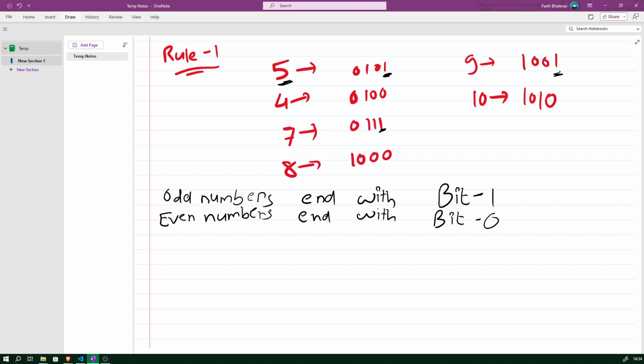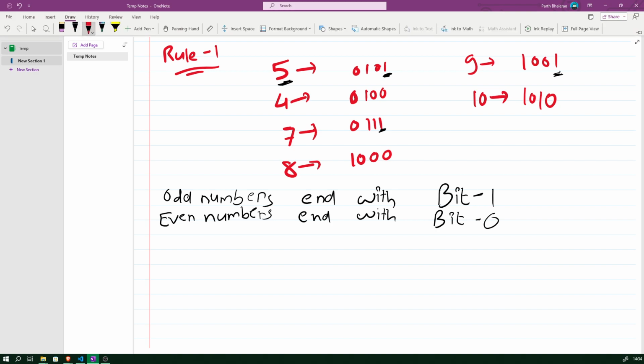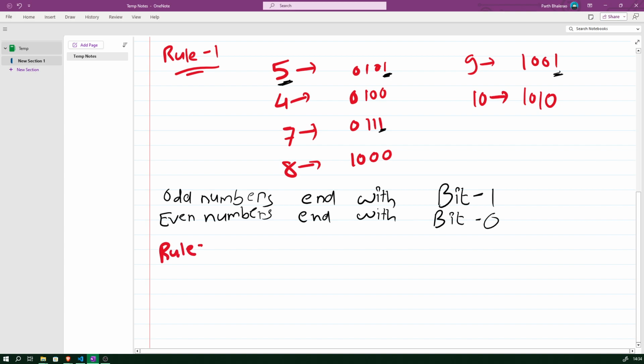Then let's move to our second rule. What's the second rule? Suppose I do 1 AND 1, the answer is 1, and 1 AND 0, the answer is 0.